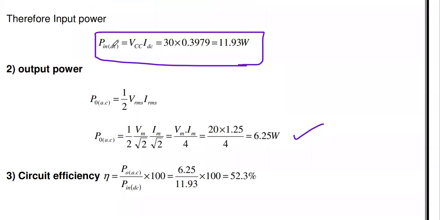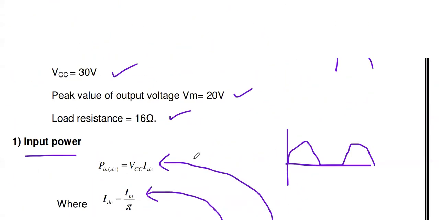What is P in DC? 11.93 watts. So dividing 6.25 by 11.93, and to convert the efficiency into percentage you multiply by 100. The answer is 52.3 percent. So for this class B amplifier, the efficiency is 52.3 percent. This is the second question.